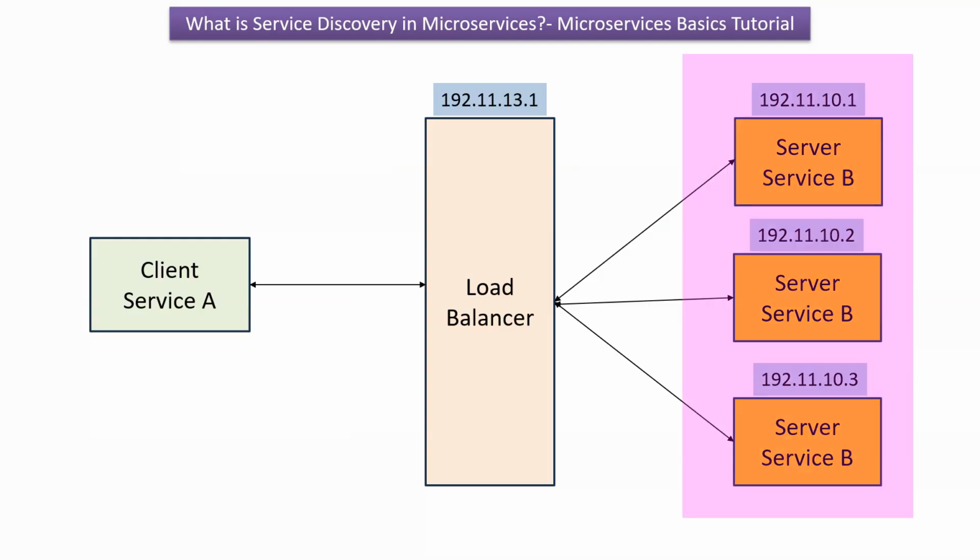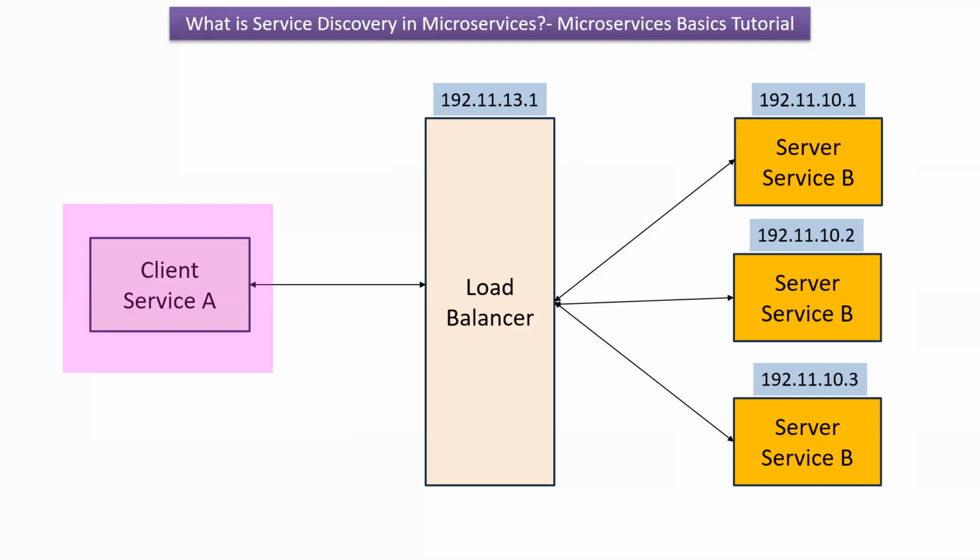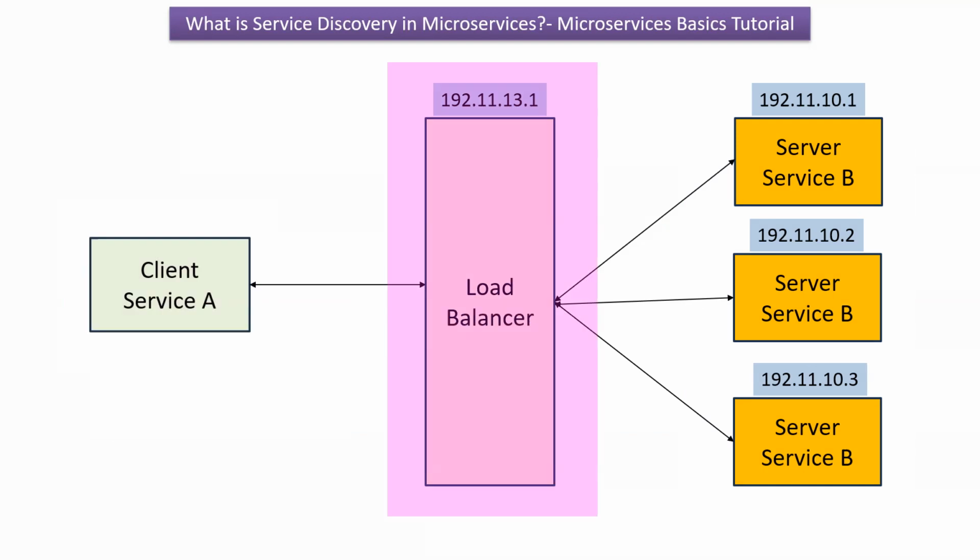Here you can see that for service B there are multiple instances, because the load on service B is higher, and each service B instance is deployed on a different physical machine and has an IP address. The client sends a request to the load balancer, and based on some algorithm, the load balancer decides which service B instance to send the request to.